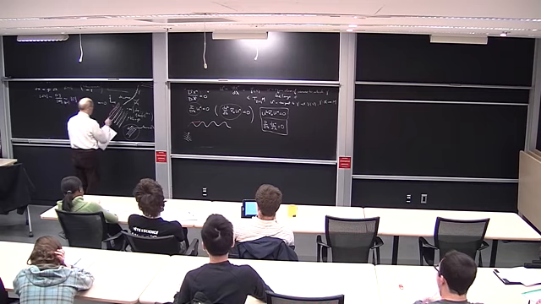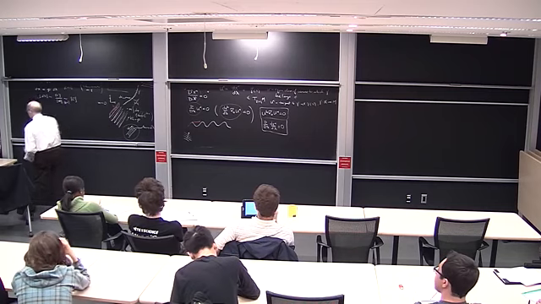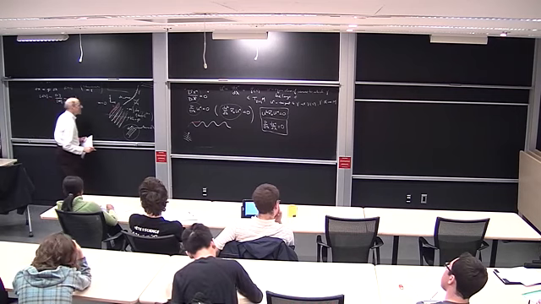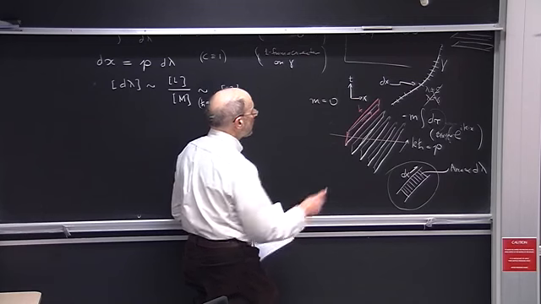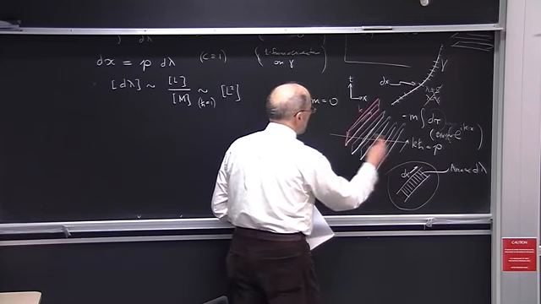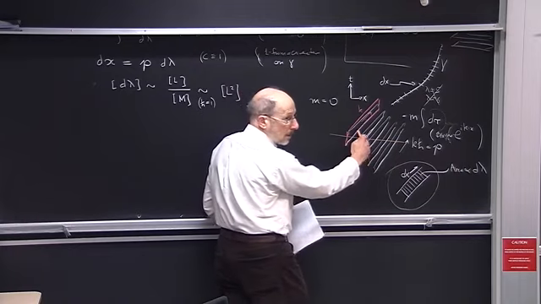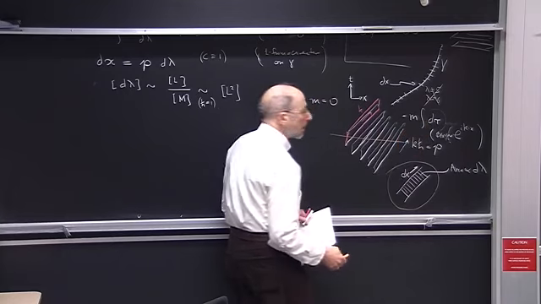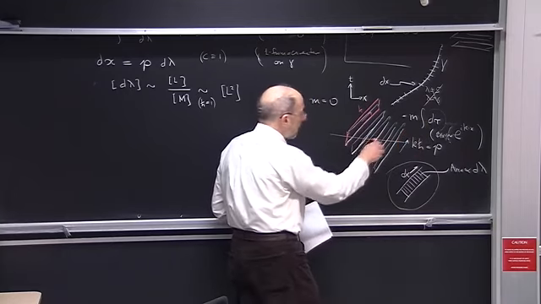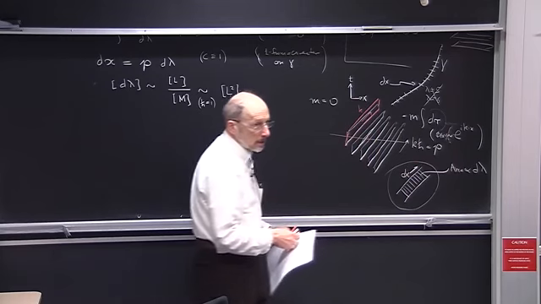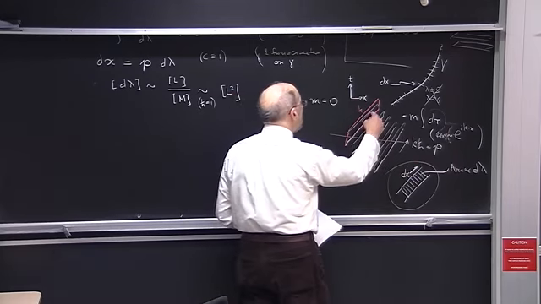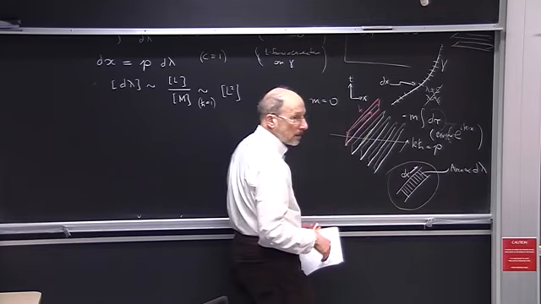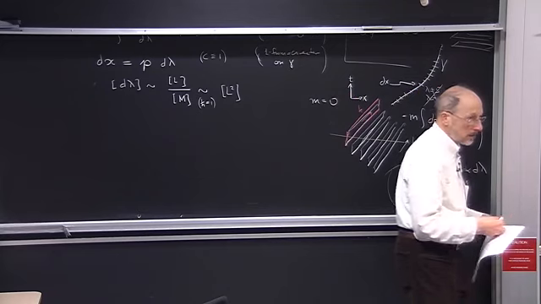But if you slice this picture, which is already getting hard to decipher, at a moment of time, then if you imagine it in 3 dimensions, you just have a sequence of lines coming out like this. Those would be the surfaces of constant phase, and perpendicular to them would be this direction. So that's the projection of this space-time momentum vector, or wave number vector, down onto space. That's the picture that you usually see.